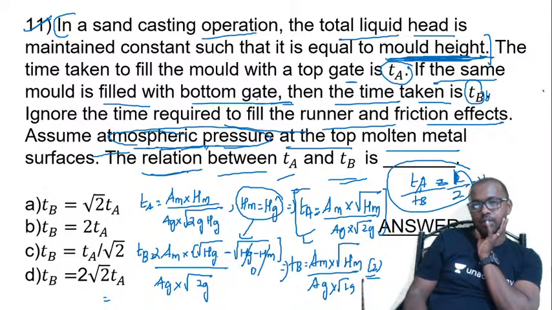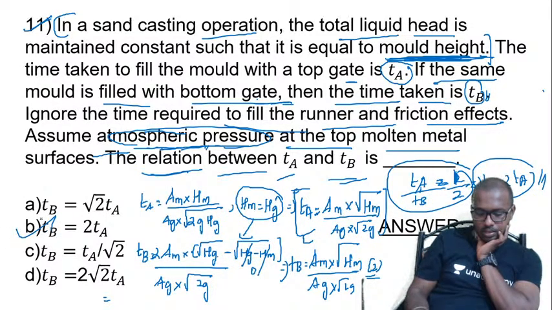That implies T of B is equal to 2 times T of A. Okay, the answer is option B. Kindly make a note.